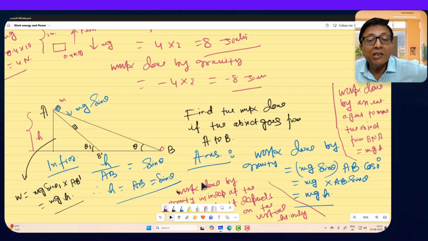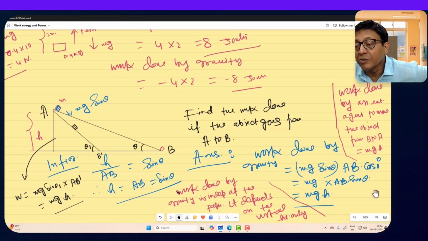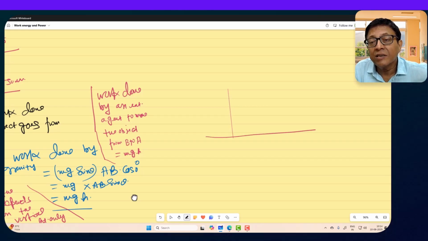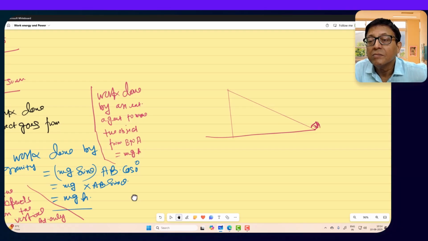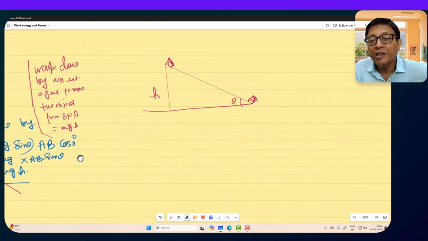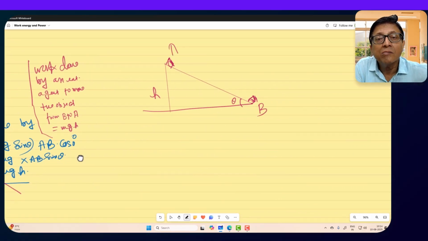Why? Because in this case, if you discuss this one as a separate problem, the external agent is taking the object of mass m from B to A, this angle theta, this is h. So to pull it upward, that pulling force is going to be what?